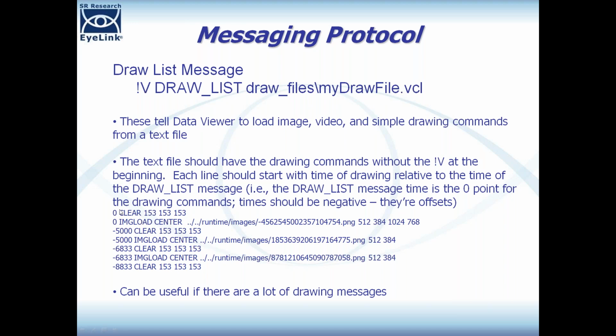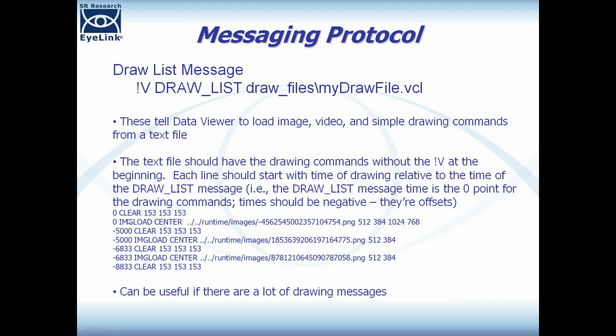And at time 0, this will probably be the time where we initially draw to the screen. We can clear the screen to some background color, and then we can draw our image at some certain coordinate. And Experiment Builder uses these weird image file names, but you could put whatever your stimulus file names are here, and then you use the position and size information here.